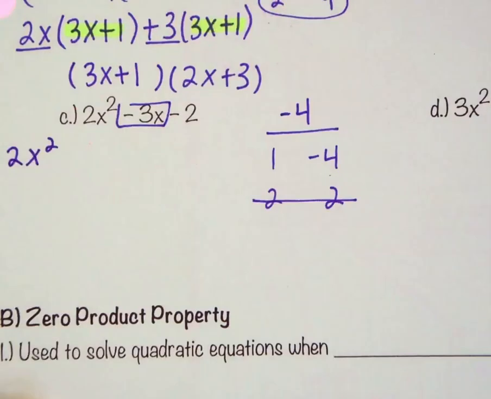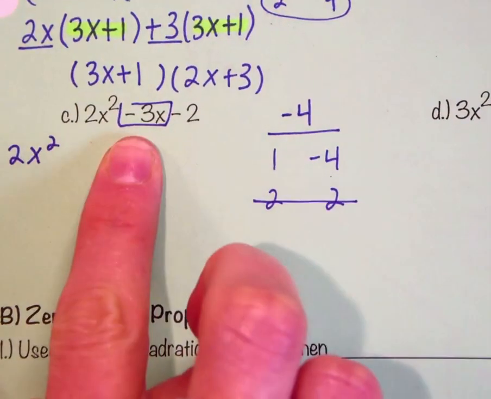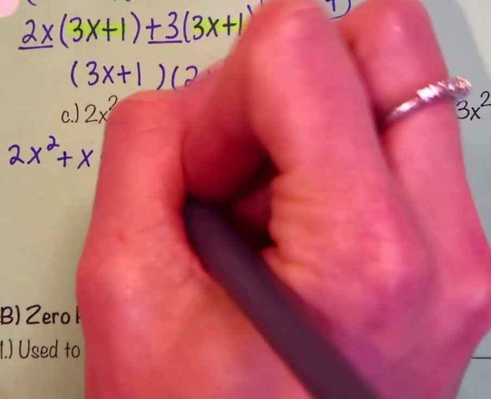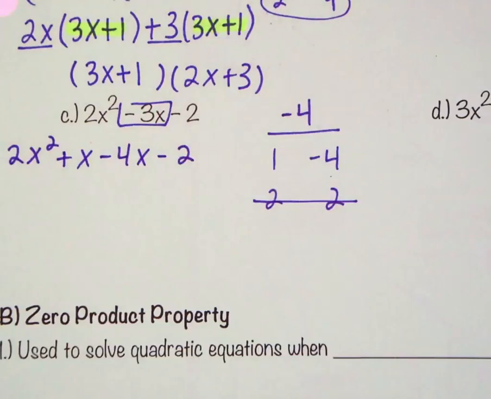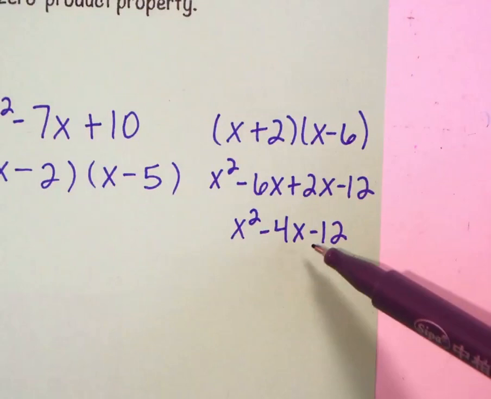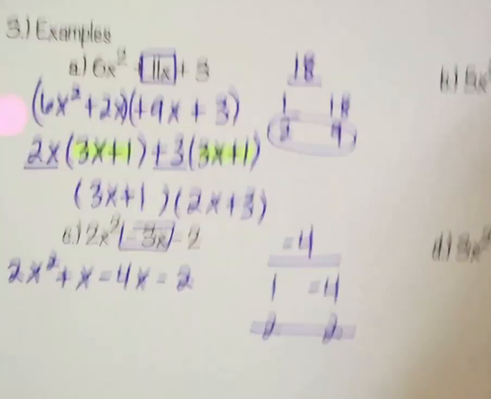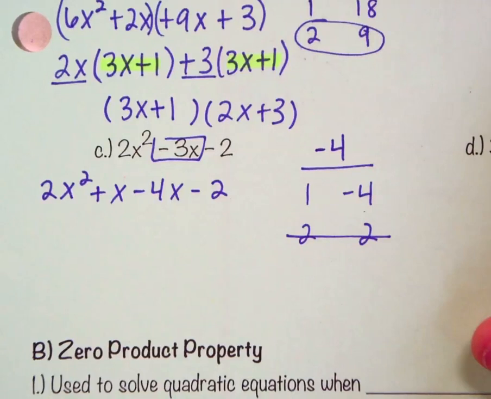My first term stays the same, so 2x squared. But instead of writing -3x, I'm going to write plus 1x minus 4x. So I'm working backwards. Here's where I ended. This is where that came from.